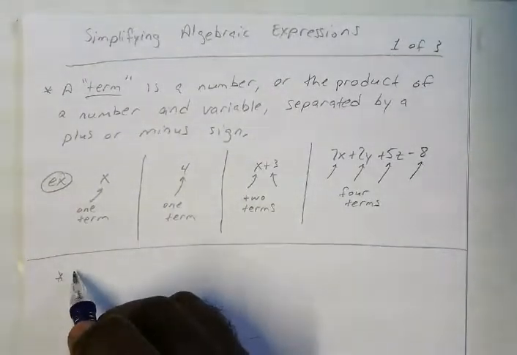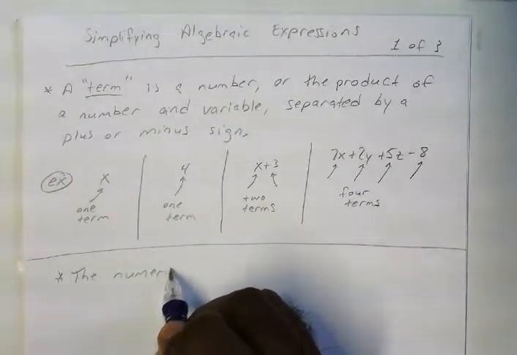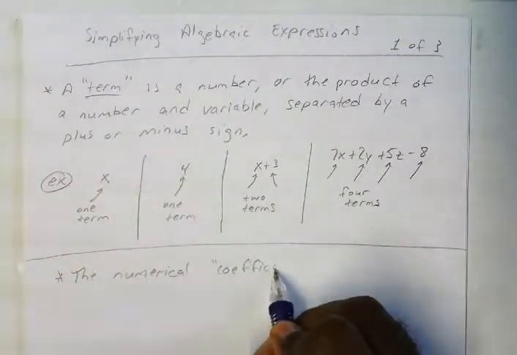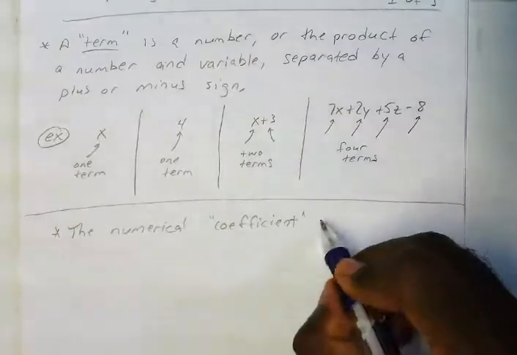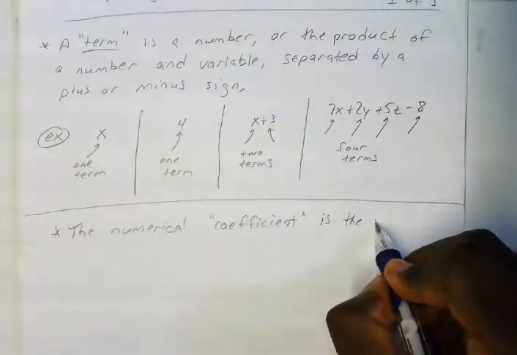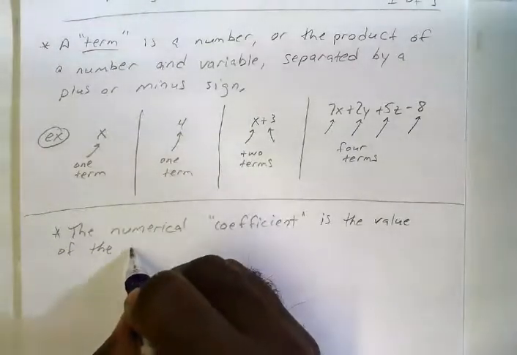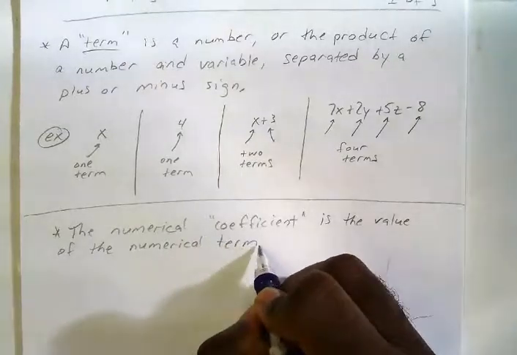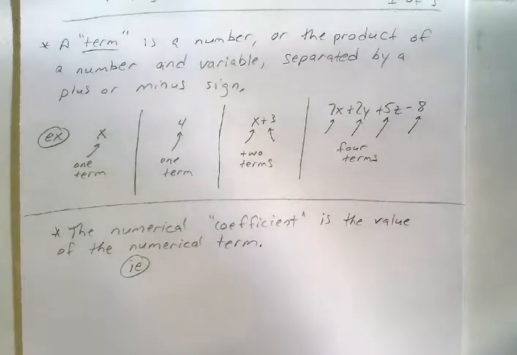Okay, now your numerical coefficient is just the value of the numerical term, or in other words, the number in front of the variable.